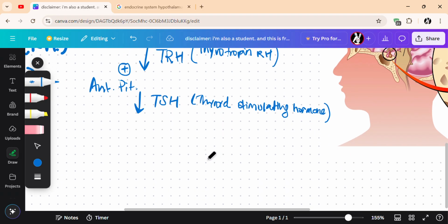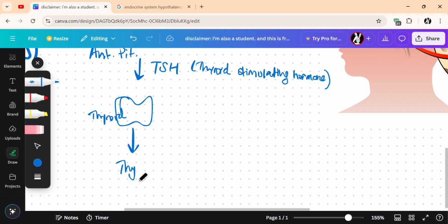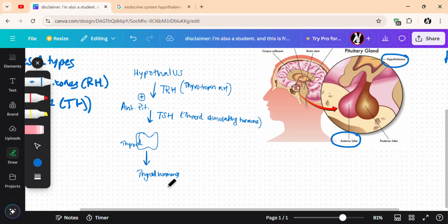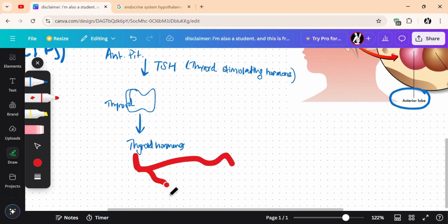Now, this thyroid stimulating hormone will go specifically to the thyroid, and this is how the thyroid looks. So I'll just write thyroid, and it will then release thyroid hormones. These thyroid hormones will be in the bloodstream at a certain concentration and go throughout the body, wherever they need to go.